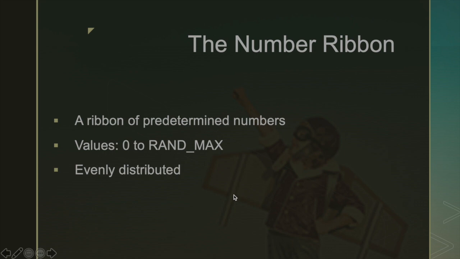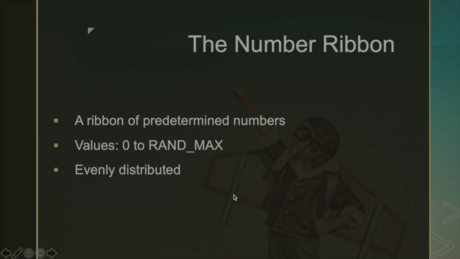You can imagine that basically there's a ribbon of numbers. So there is a ribbon of predetermined numbers. We are not going to talk about how they determine those numbers, but just imagine there's a ribbon of numbers, and the values of these numbers are from 0 to the maximum number of random numbers, which is what this constant is talking about.